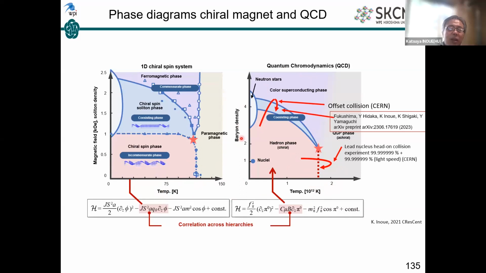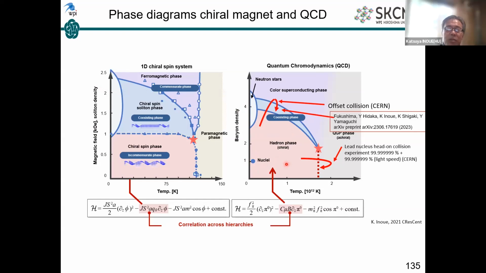The density is also completely different. Our soliton density is controlled here by applying a magnetic field, and their baryon density is like this. This one is the density of the nucleus of an atom. It is very dense, and the four is an incredibly dense system. It corresponds to the core of neutron stars.